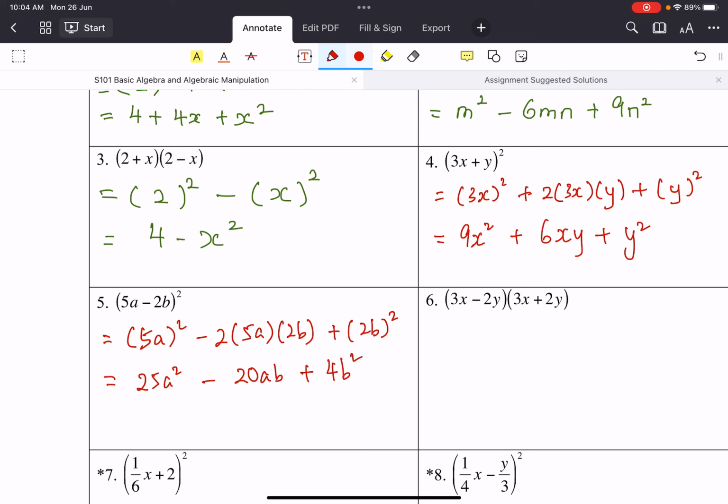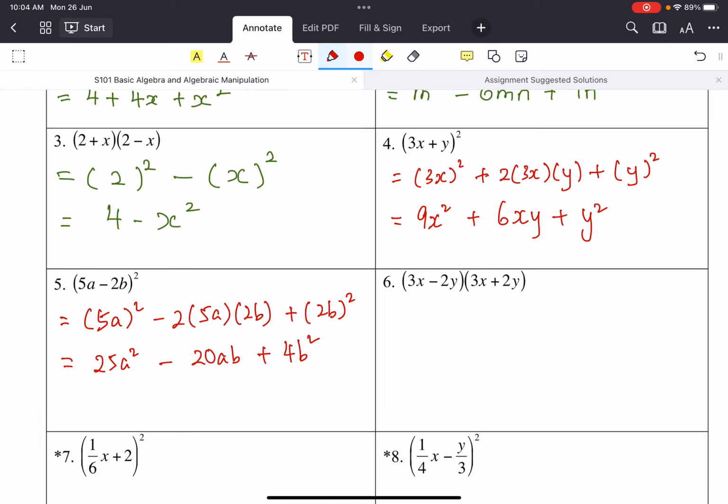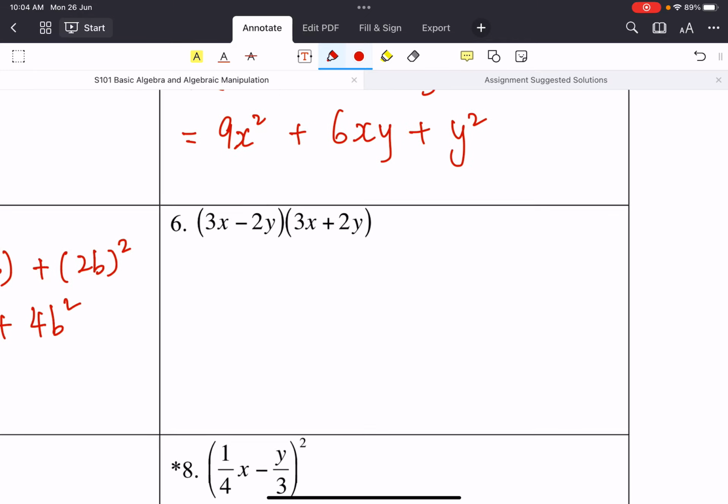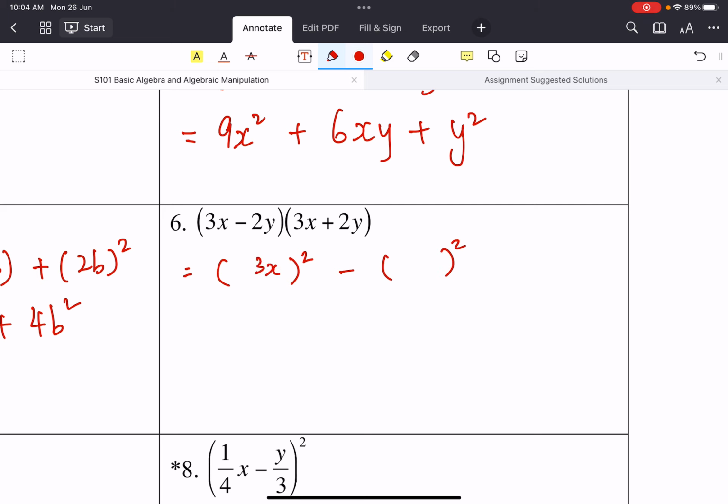You notice I'm doing this quicker and quicker? That's because as we get familiar with the structure, we can do these types of questions really quickly. And over here, again the structure, we have a minus b, a plus b, so this will give us a squared minus b squared. So a is 3x here, b is 2y, that will give us 9x squared minus 4y squared.